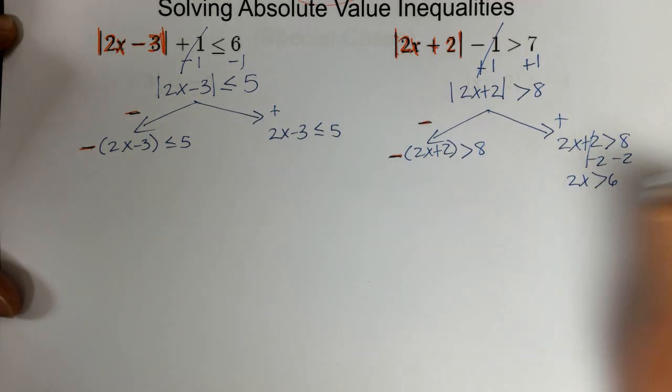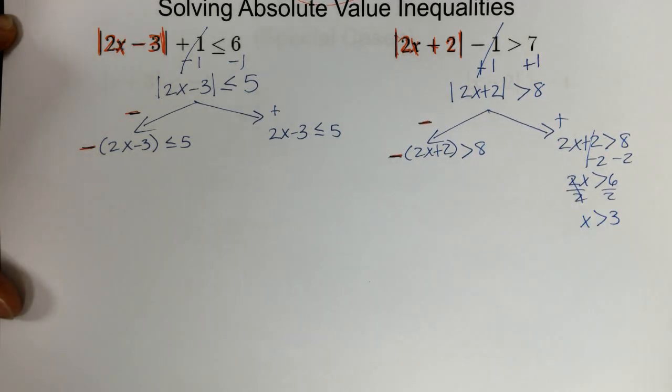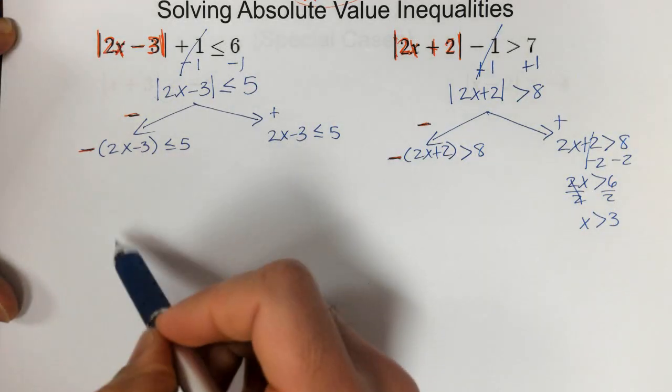2x is greater than 6, divide both by 2, x is greater than 3. I'm assuming that by now you've already practiced on linear inequalities. If you don't feel comfortable, I recommend going back to the 2 videos on solving linear inequalities so that you're comfortable doing these on your own.